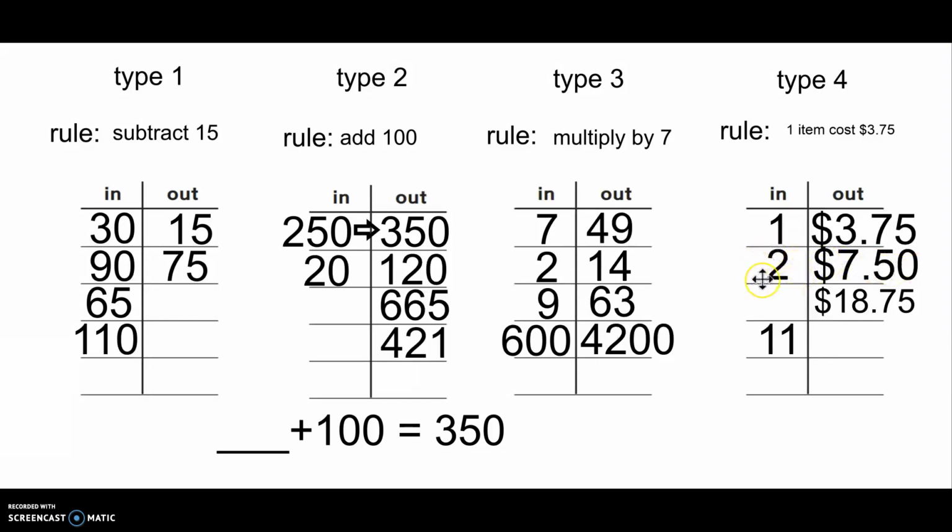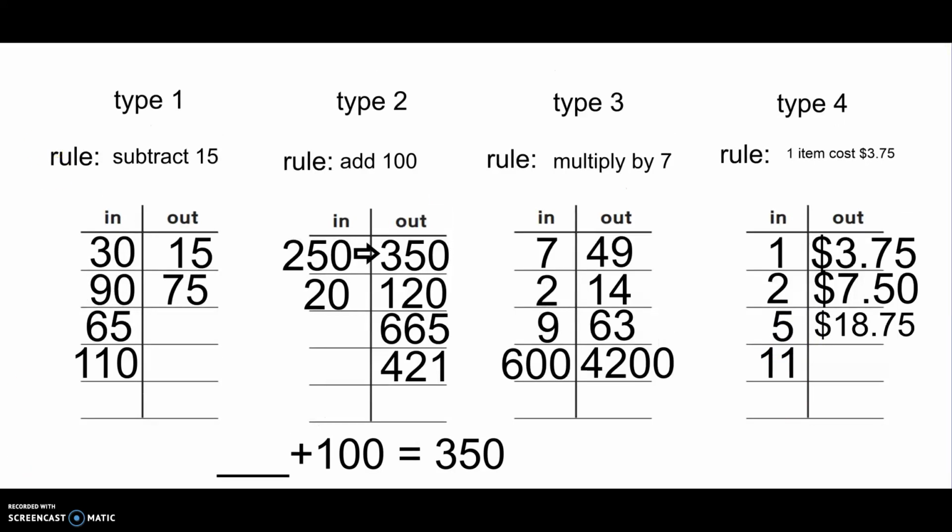That's if I bought 4. How many items did I buy for the cost to be $18.75? Did you get 5? Okay.